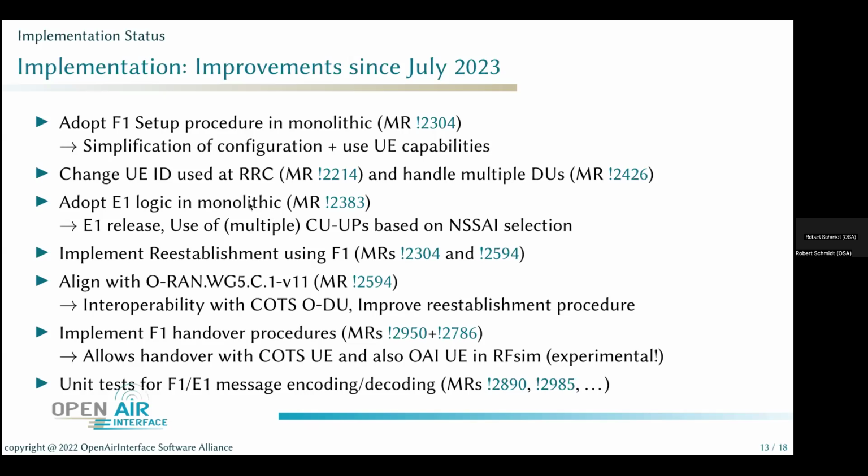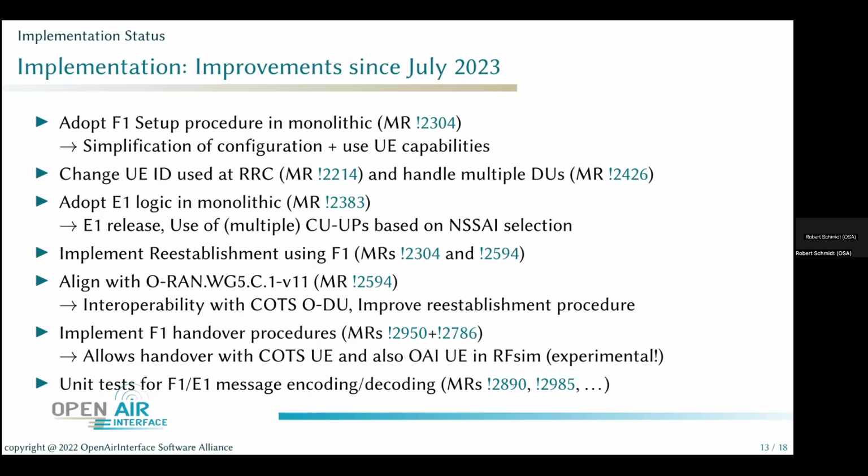Then once these basic things were implemented, there was some work to actually do the re-establishment working properly, and to also actually align with an ORAN specification, which clarifies how a couple of things need to happen within the 3GPP specification for F1 in order to make it ORAN compliant.